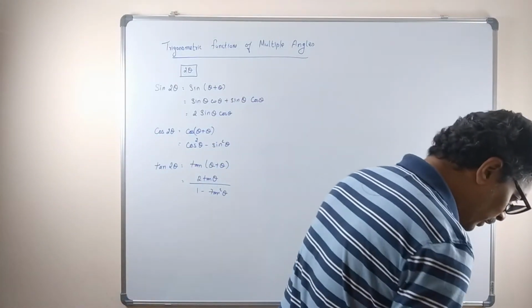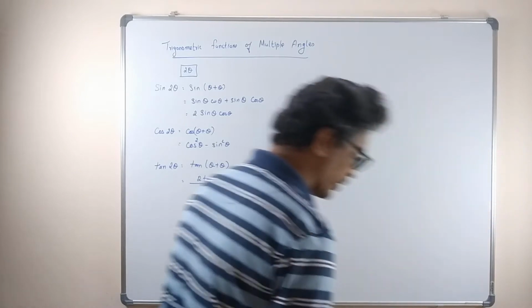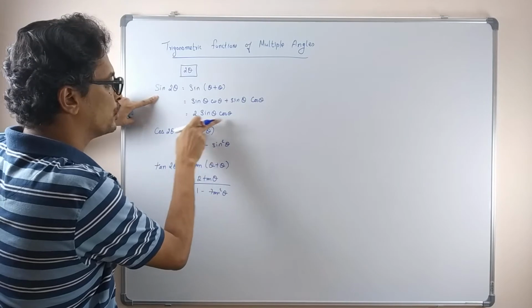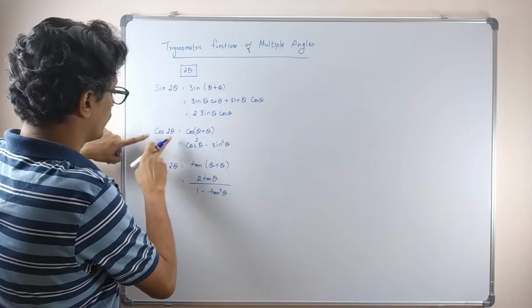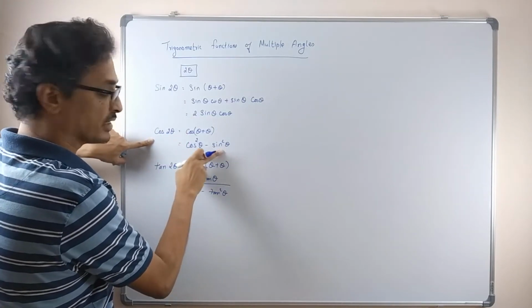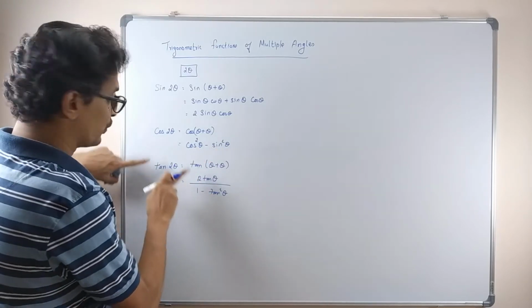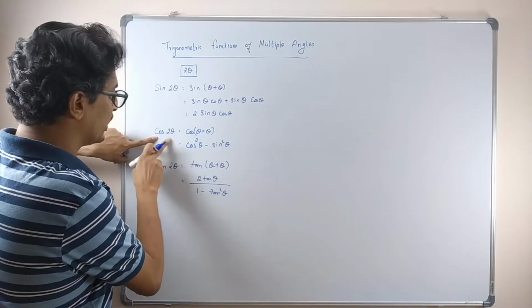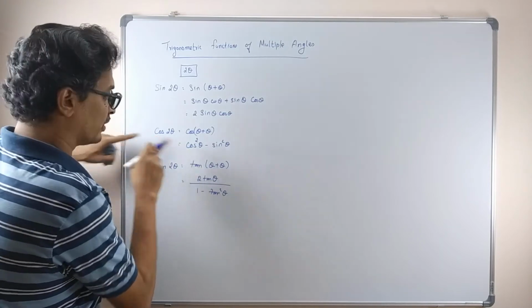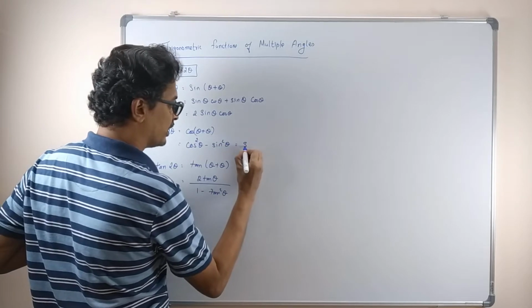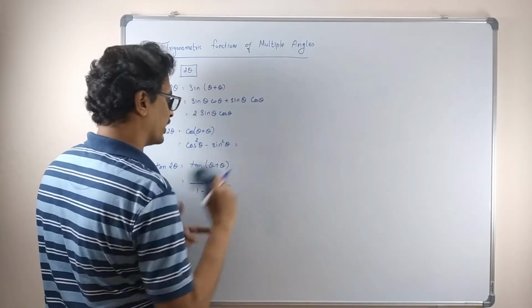So we can actually extend it further. Sin 2 theta is expressed in 2 sin theta and cos theta. Cos 2 theta is expressed in cos square theta and sin square theta. Tan 2 theta is expressed in tan theta. Suppose you want to express this whole thing in terms of cos theta only, then what will you do? This will be sin square theta, and I can always write it as 1 minus cos square theta.